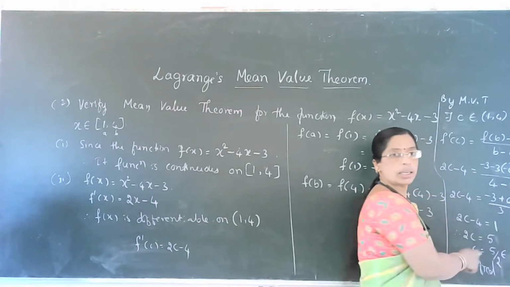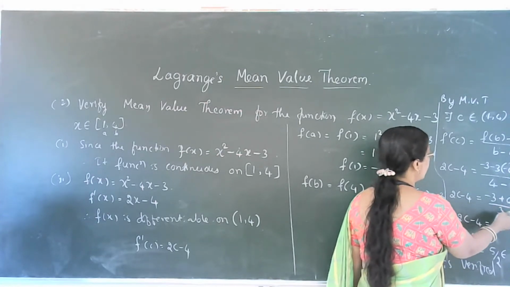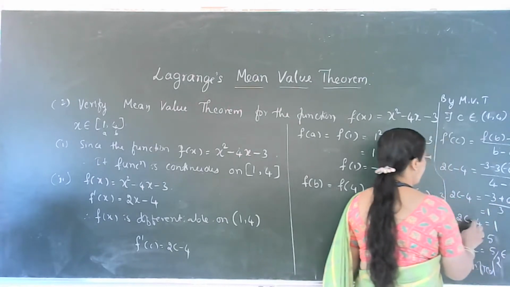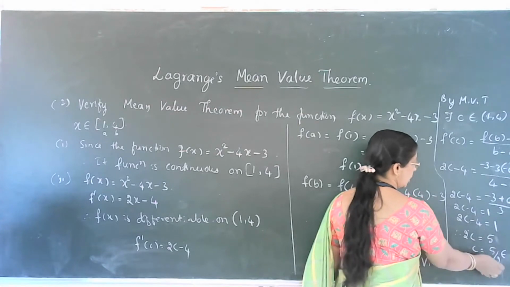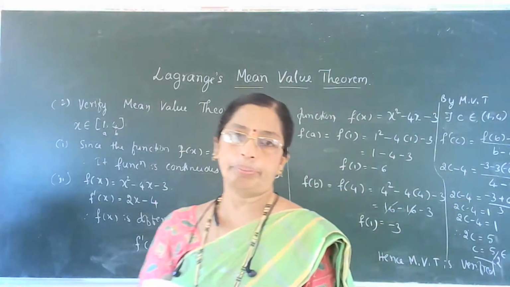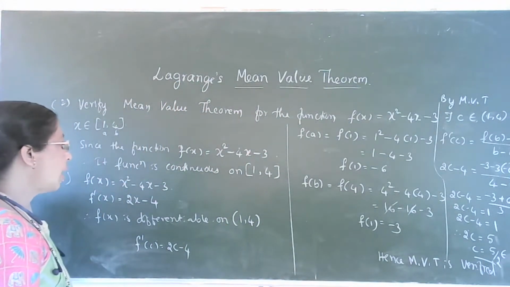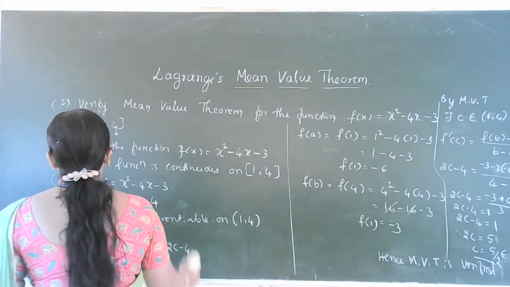That is minus 3 plus 6 divided by 3, so we get 3 by 3, which is equal to 1. Therefore, 2c minus 4 is equal to 1, so c is equal to 5 by 2. This belongs to the open interval. That means the mean value theorem is verified.